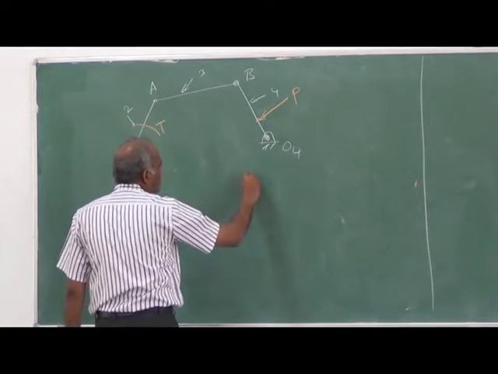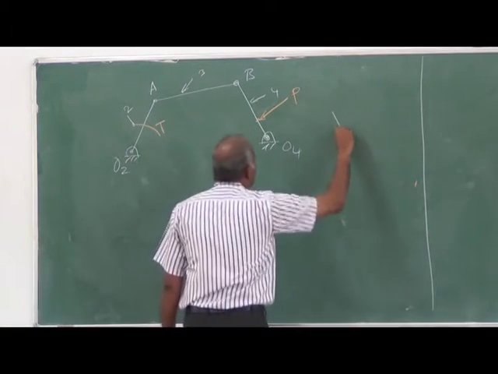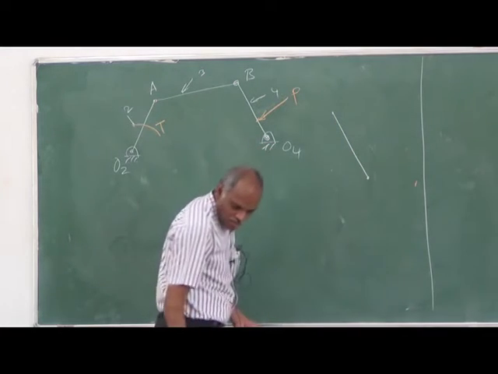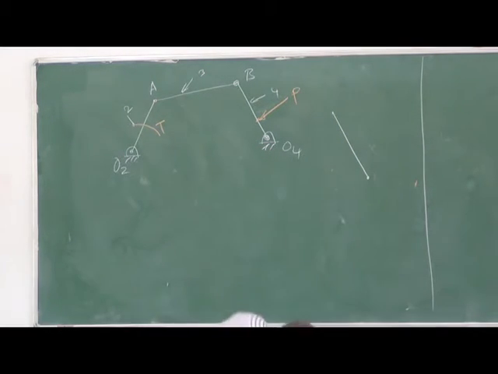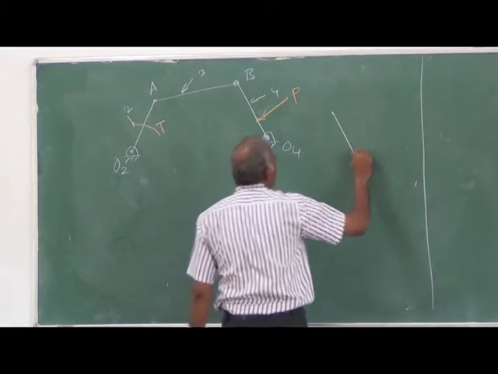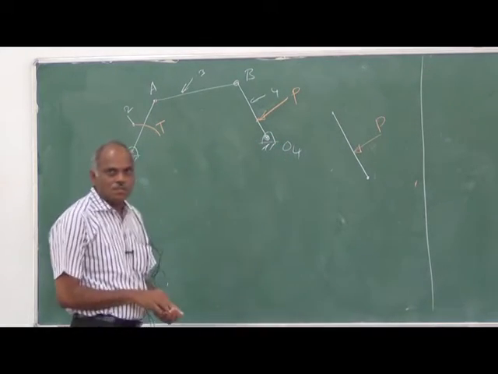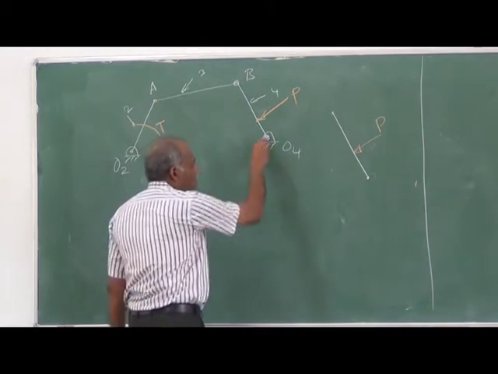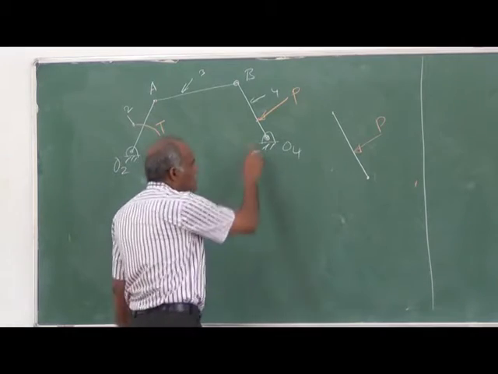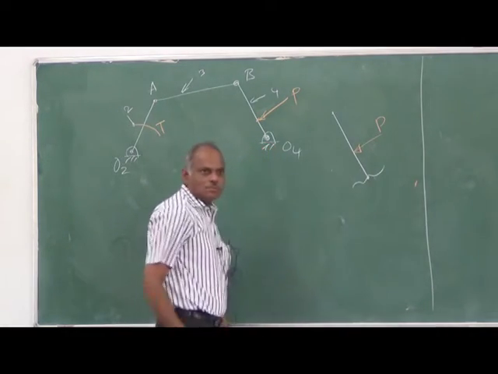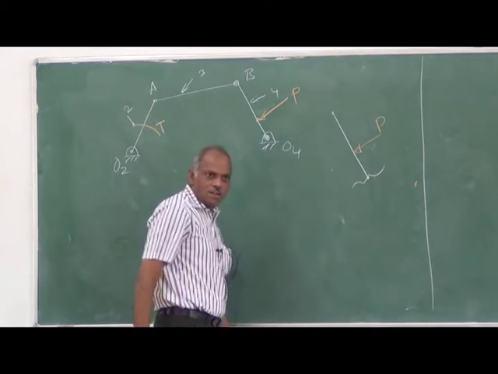So linkage 4, if I start with, is like this. I have the external force P acting. And we have a reaction or force from here at O4. Its magnitude and direction are not known right now.